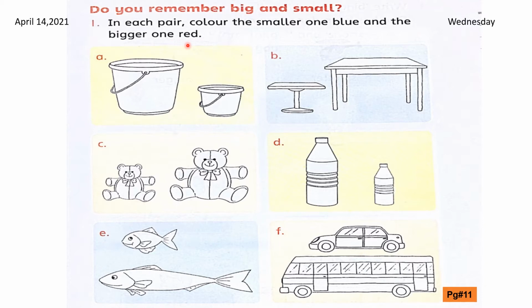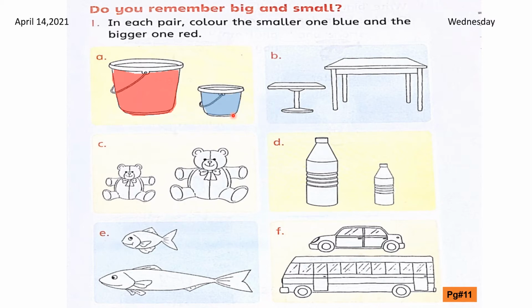color red. Part A question, you can see same object in unequal size. So which is bigger? So do color red. So this is bigger in size. So do color here red. Okay, other bucket is smaller in size.